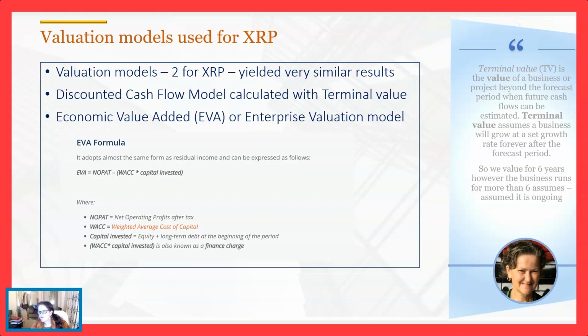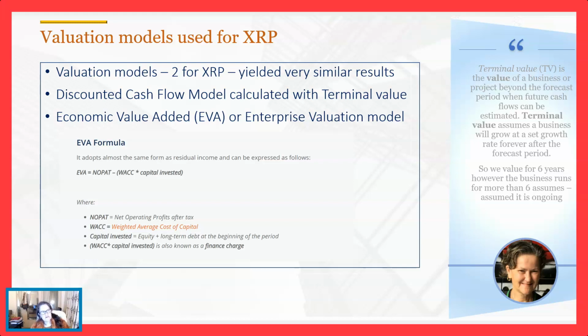So terminal value assumes that the business is ongoing, and you price up the revenue growth of that business after the 6 years. So that's what the terminal value is.